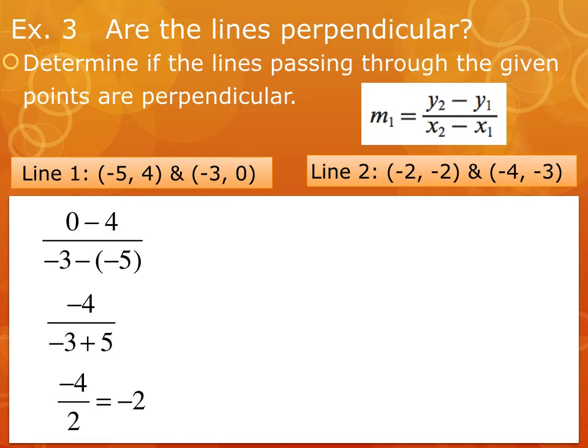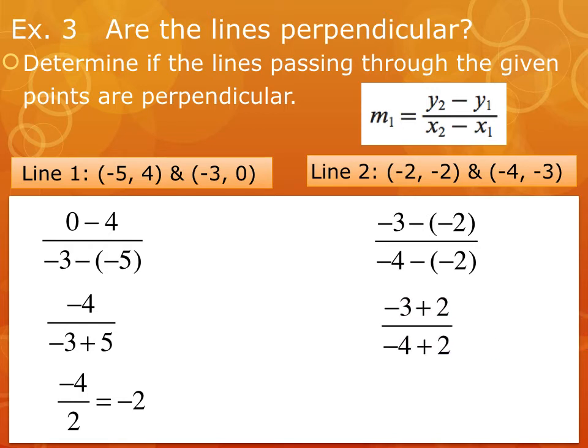Now, if this is going to be perpendicular to line 2, then line 2 should have a slope that is the negative reciprocal of -2. So let's figure out the slope of line 2. And now let's simplify the numerator and the denominator.